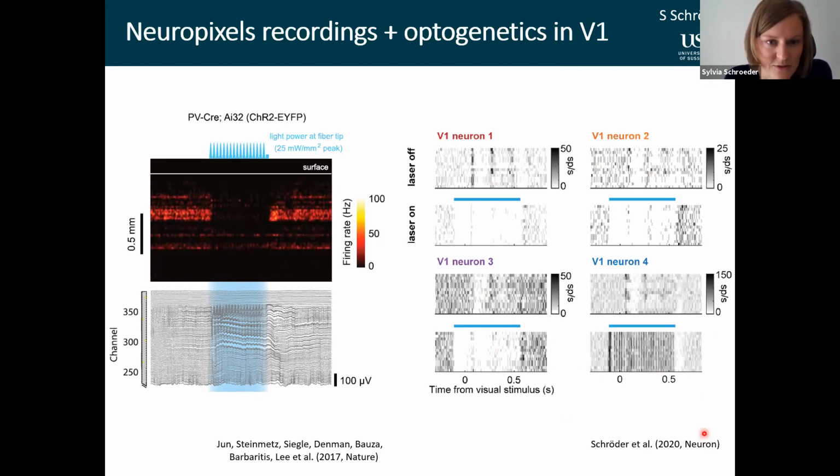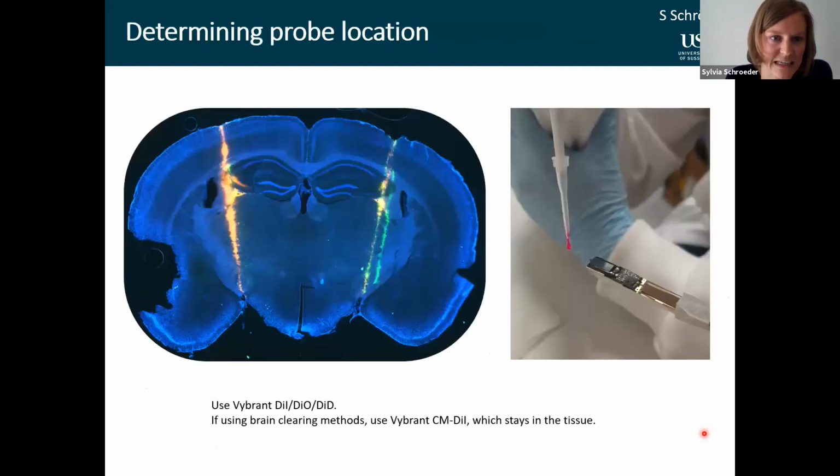I see we run out of time, so very quickly, there are ways to determine your probe location, basically using histology by using dyes, as you can see here.